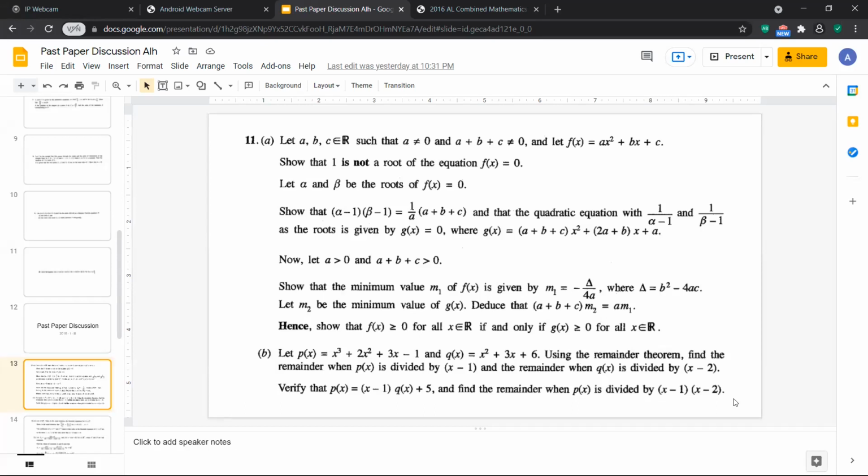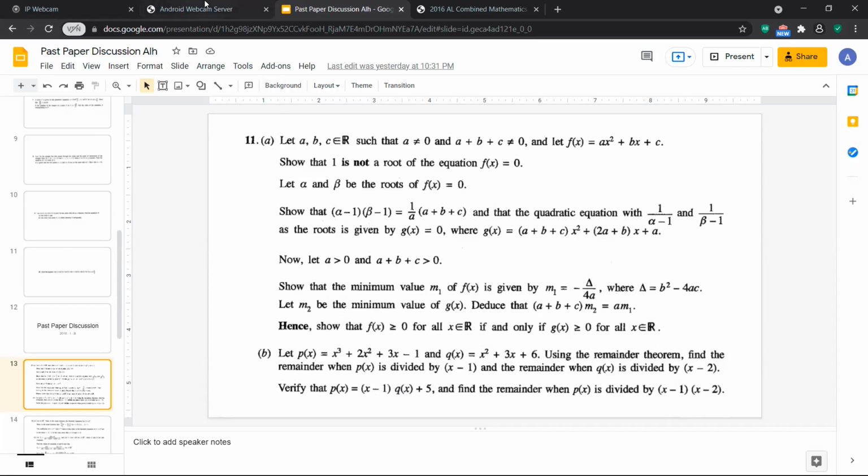You can take p(x) and divide the whole thing by this using long division. That also you can do. But since we have already proved something, p(x) can be written as (x minus 1) times q(x) plus 5. Look at this, there's x minus 1 here. If we get x minus 2 also, we can get the remainder of this.